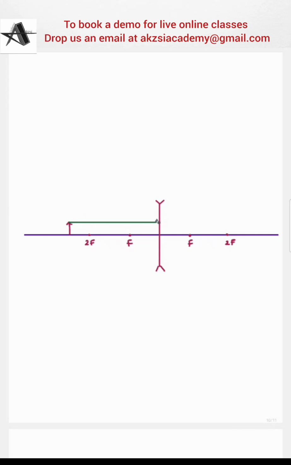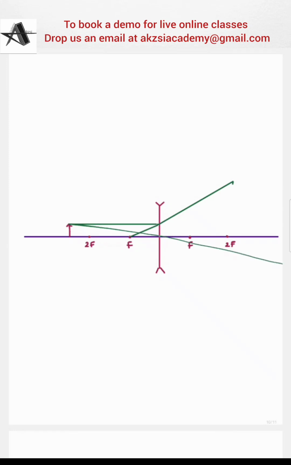And then it will diverge, but in the direction of this one. This should be the direction. And you need to trace it here. This will give you the diverging ray. Second is it will pass through optical center undeviated. So this is the second line that will pass through undeviated.